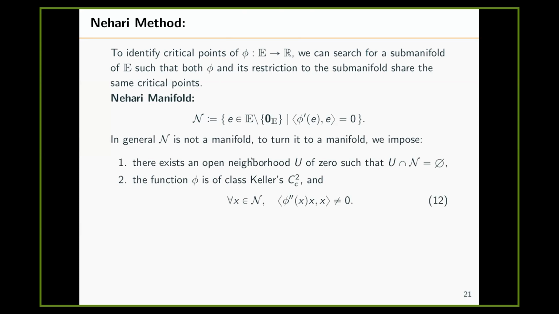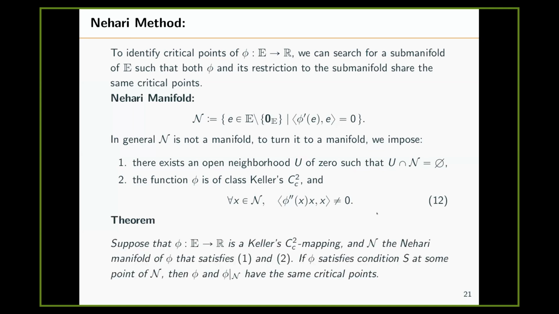The first condition is the existence of an open interval around the origin which has empty intersection with the Nehari manifold, to avoid singularities, and also the function phi must be of class C^2, and the second derivative evaluated at all points must not vanish.